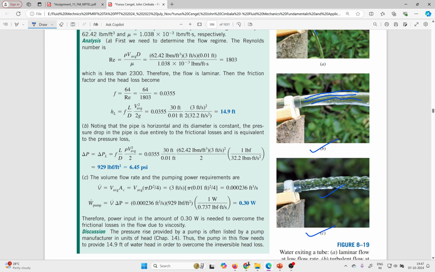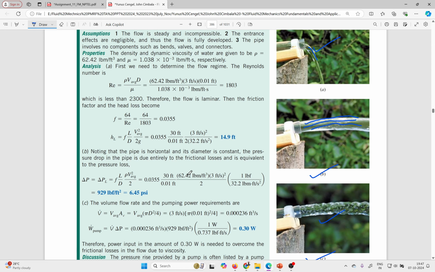If you see something from very far away, the flow may look very smooth, very ordered, but it is not laminar. Remember these things.